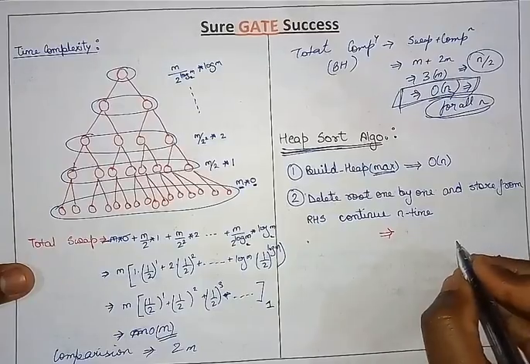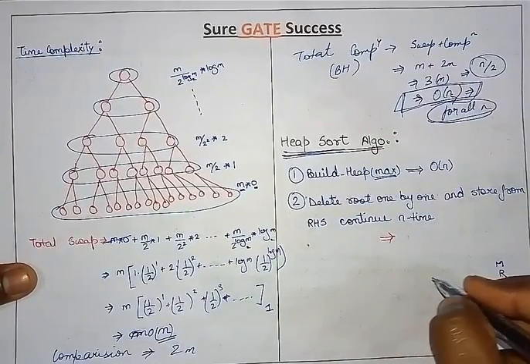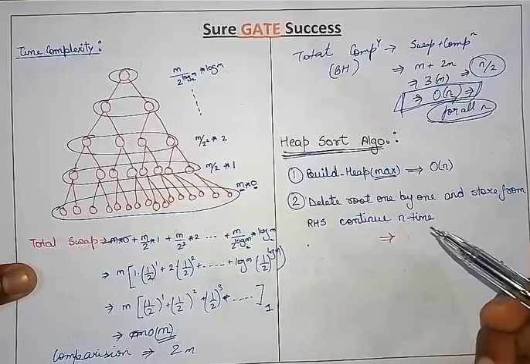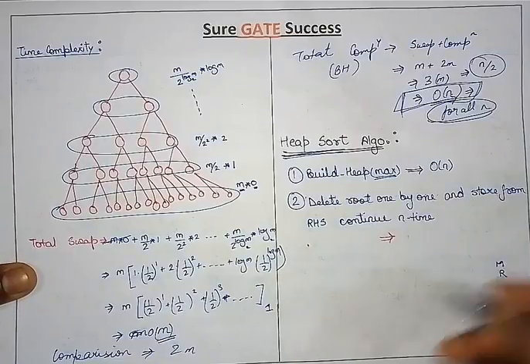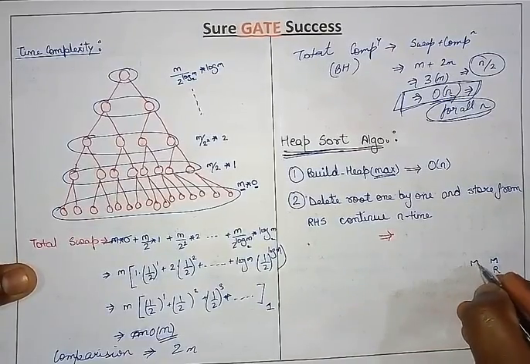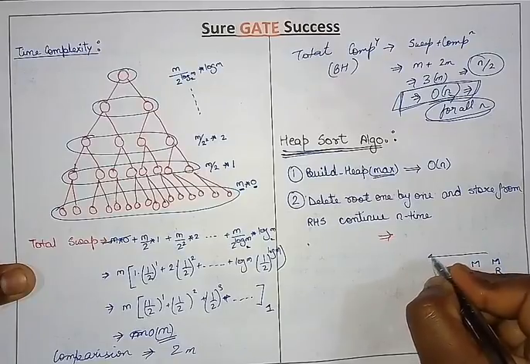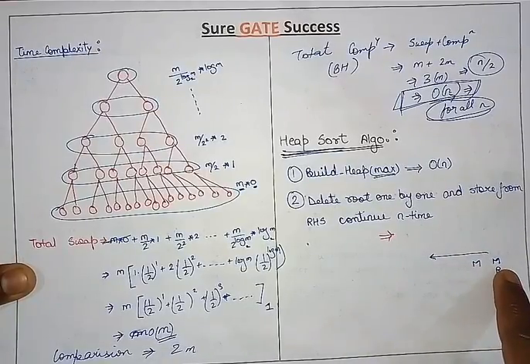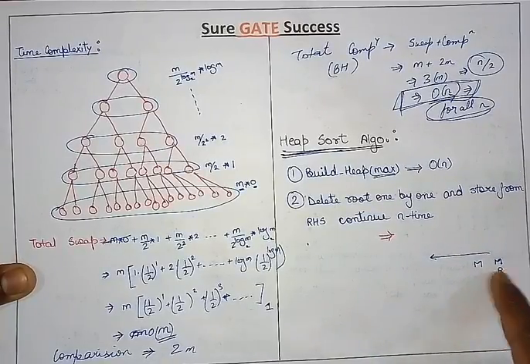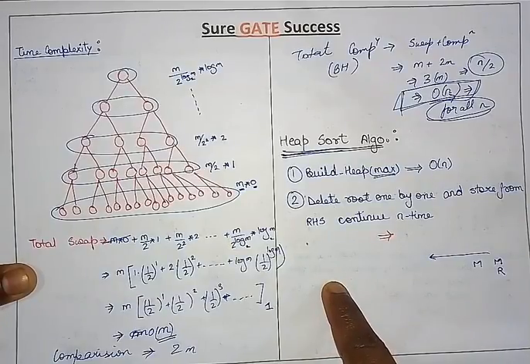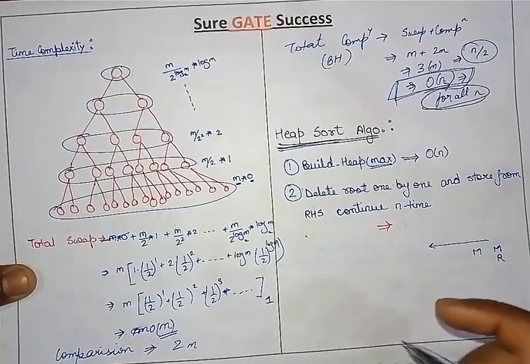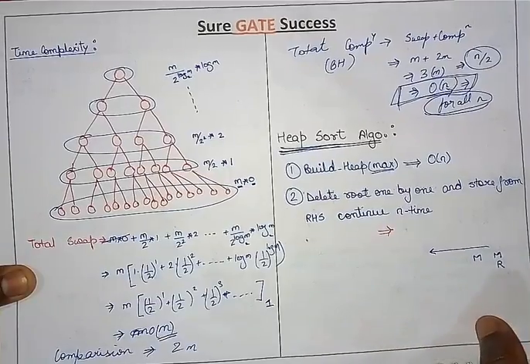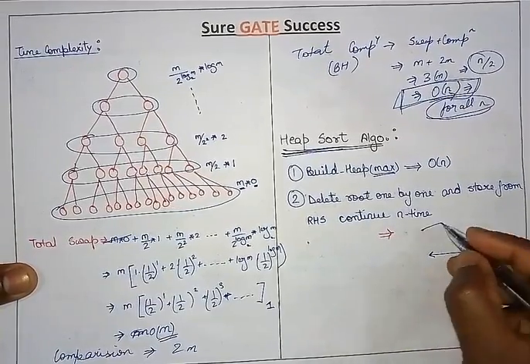Now again we have to apply max heapify, and again the maximum will be on the top, and again we have to delete it. In this way, the largest will be on the right-hand side and the smallest will be on the left-hand side, so the whole sequence will get sorted.